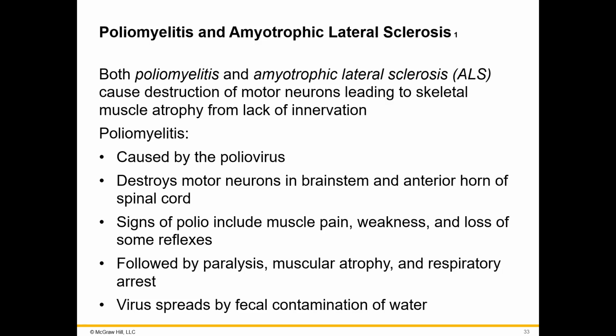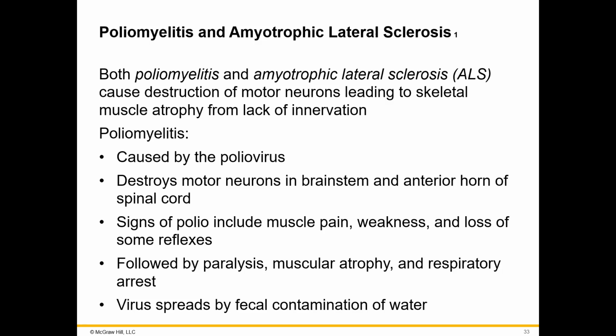There are visceral motor neurons: sympathetic visceral, parasympathetic visceral. So all that is working. It is just that one division, the somatic motor division of his peripheral nervous system, that is going to be damaged.